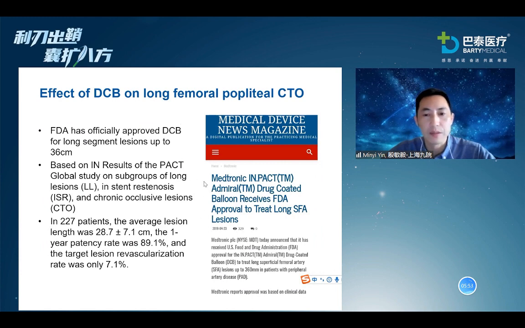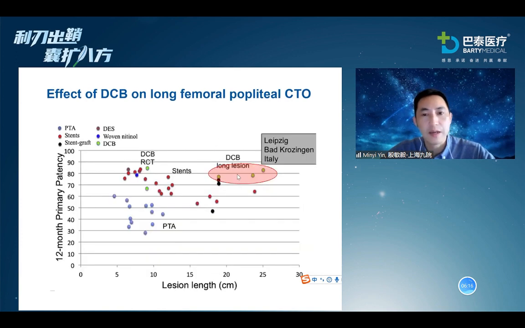We know that the FDA approved the Medtronic DCB in 2018 for the application in long lesions. You can see the lesion length is close to 30 centimeters and the 1 year patency rate is close to 90%. That's really amazing and surprising.